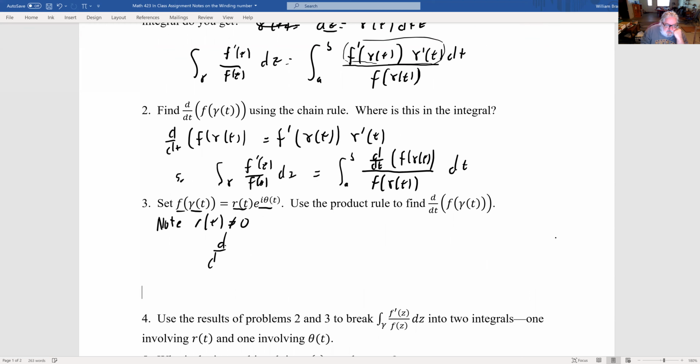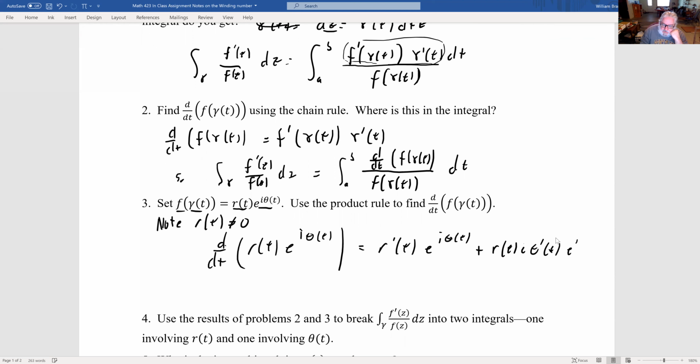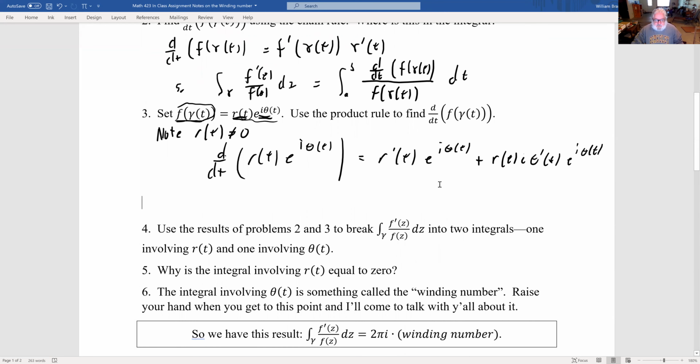So d by dt of r of t e to the i theta of t is r prime of t e to the i theta of t plus r of t i theta prime of t e to the i theta of t. And note that our path, whatever f of gamma of t is, it's some kind of path. It's a collection of points in the plane, and we can always write points in polar coordinates, so that's why we can write it like that. And that gives us this thing for the derivative.